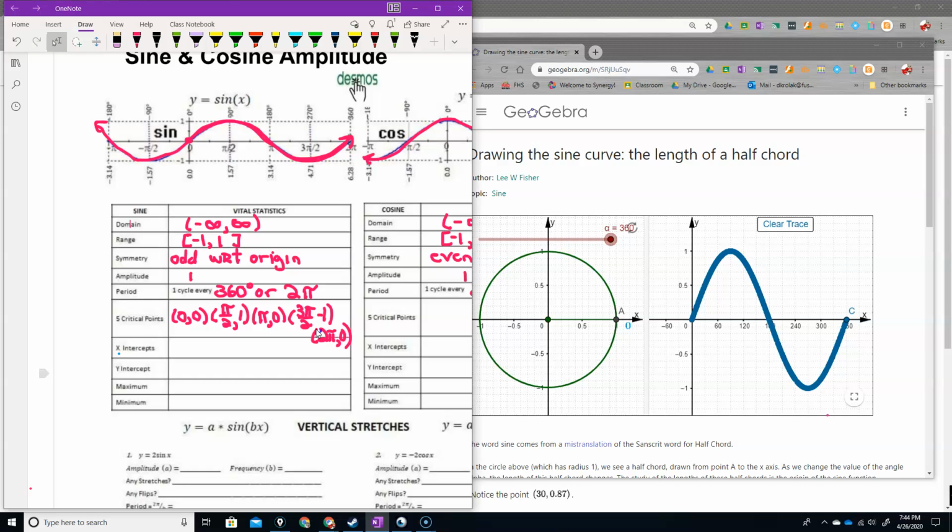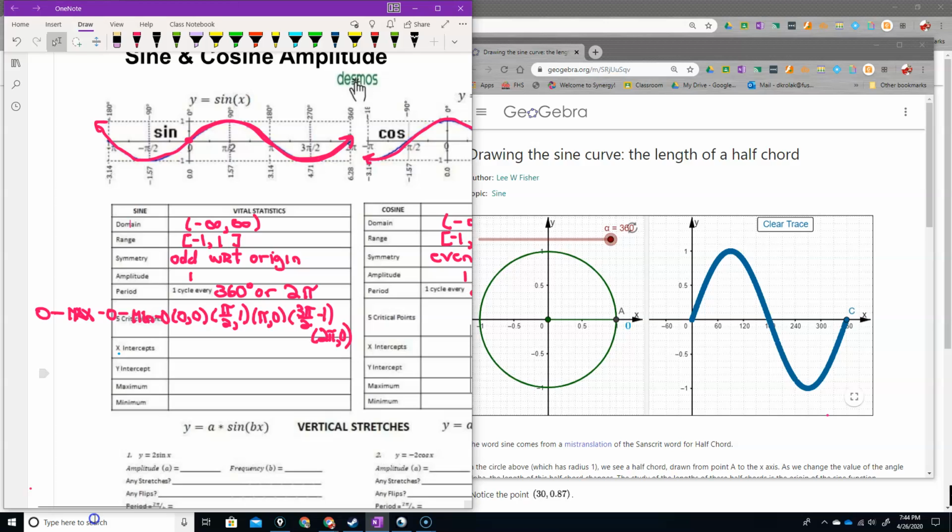So the pattern that it's following is when you're graphing sine, sine starts at the origin, (0, 0). It goes 0, then it goes to its max, then it goes back to 0, then it goes to its lowest point, and then it goes back to 0. So it goes 0, max, 0, min, 0.